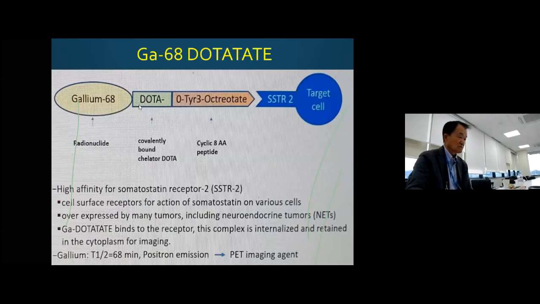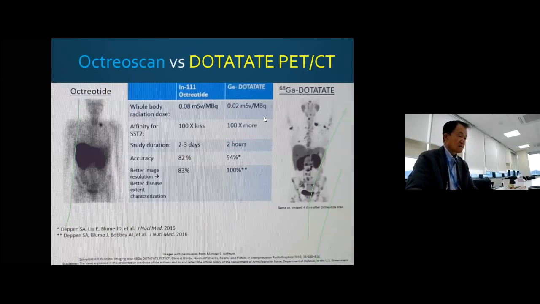So they hook this DOTA. DOTA is a chelator, with octreotide and gallium, and then it hits somatostatin receptor 2 or 5. And then the comparison here, but primarily gallium has a higher resolution.